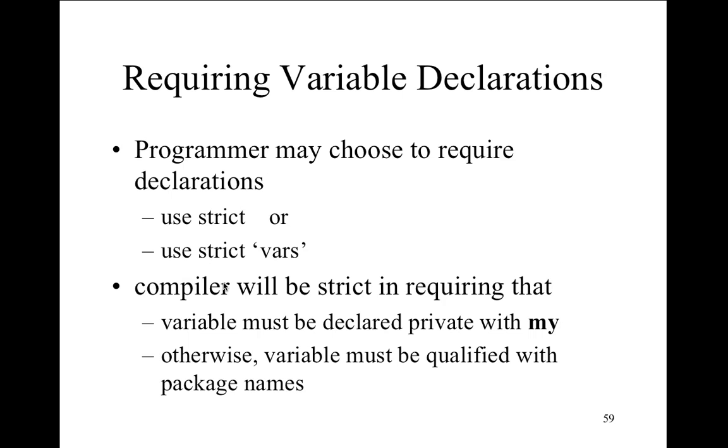Requiring variable declarations. As before, when we started out this lecture, I said you don't have to use variable declarations. In fact, there are no data types. There are ways of defining variables and using them as numbers or as strings. So programs may choose to require declarations. If you don't declare a variable and you start using it in C or C++, you get an error message. Obviously, it's strict. But what if you have a script and you have no definition for something?